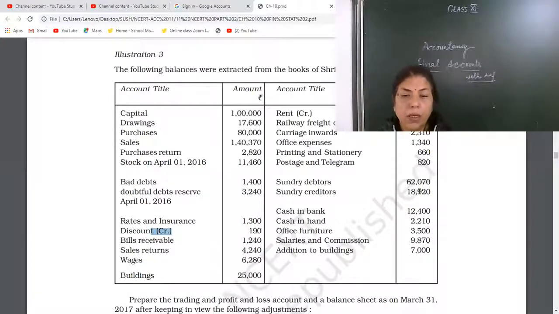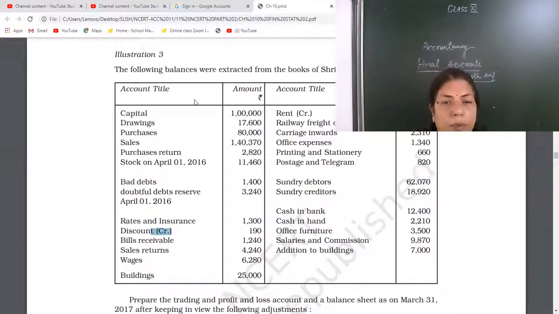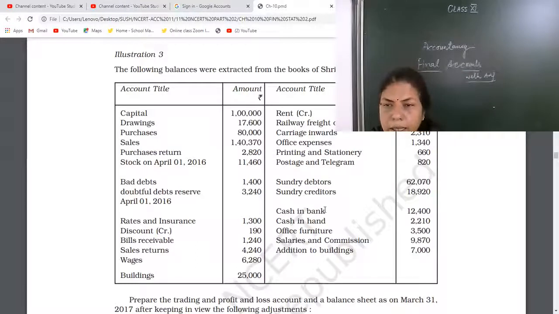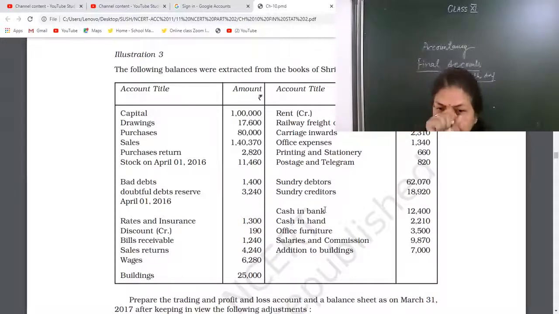Yesterday in the question we completed, the trial balance was in debit and credit form. Now here the trial balance is not given in the appropriate form. That's why credit will be in credit side. Now cash in bank and cash in hand are assets, to be shown in asset side of balance sheet.